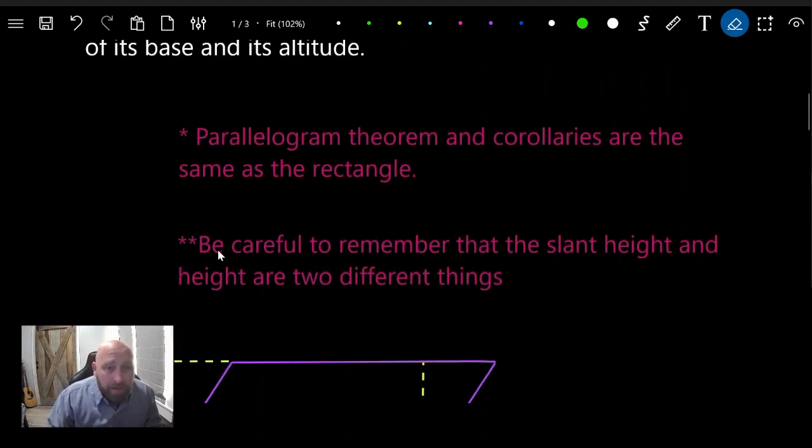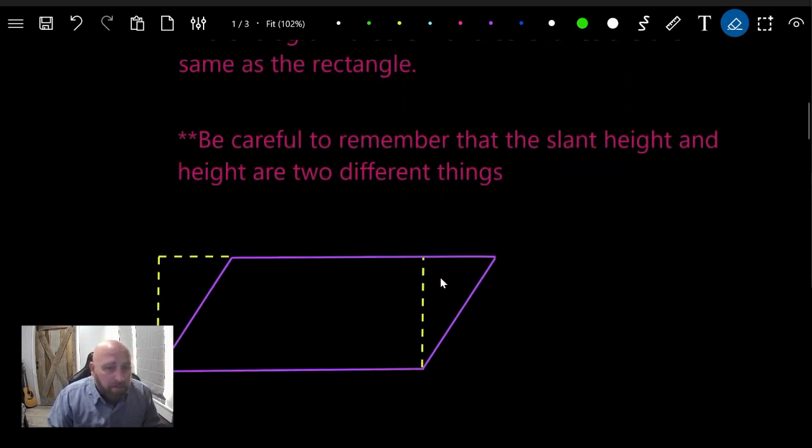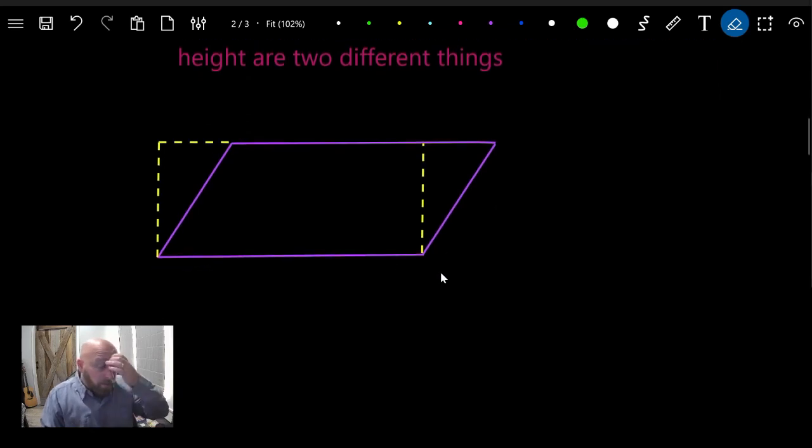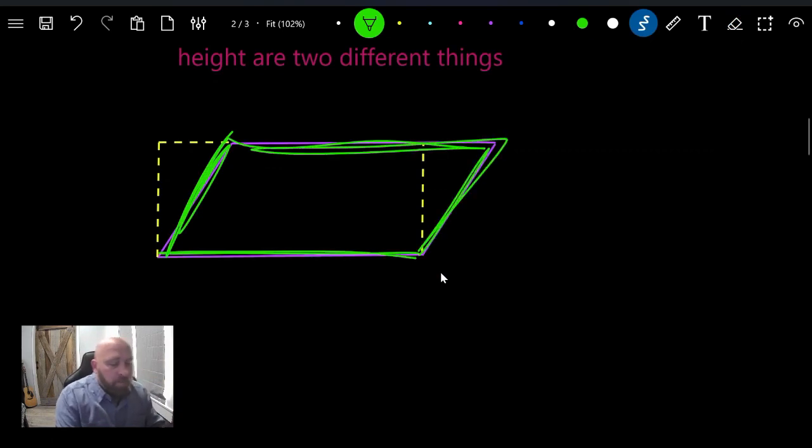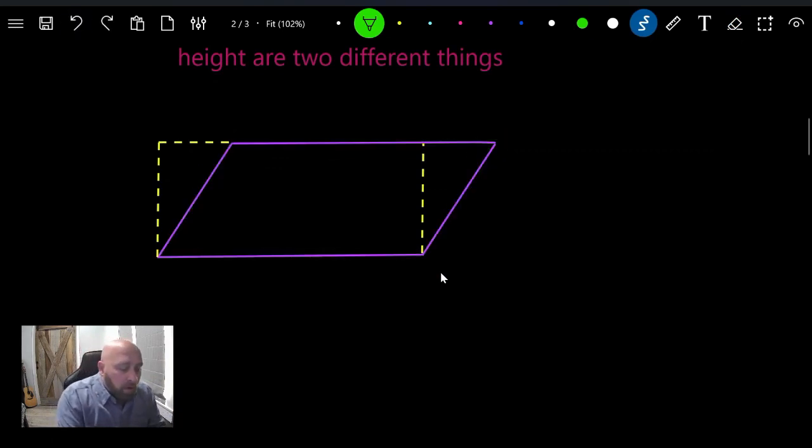But I do write down here, be careful to remember that the slant height and the height are two different things. So here's our parallelogram, and our parallelogram is this purple shape right here. Well, our height is this right here. The distance from the base to the second base, we call that base 1, base 2, or from the bottom to the top.